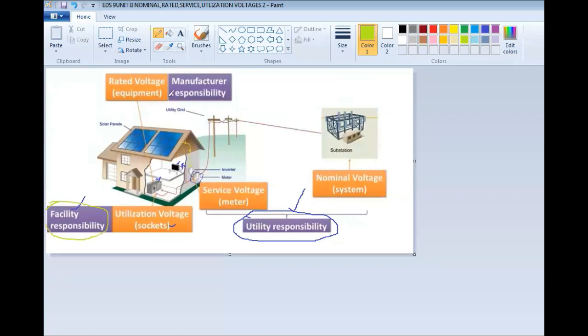And one more thing is the rated voltage. This rated voltage is with respect to the manufacturer. There is one equipment, and this rated voltage has to be maintained by the manufacturer. If it is designed for 230 volts, it has to be operated at 230 volts.